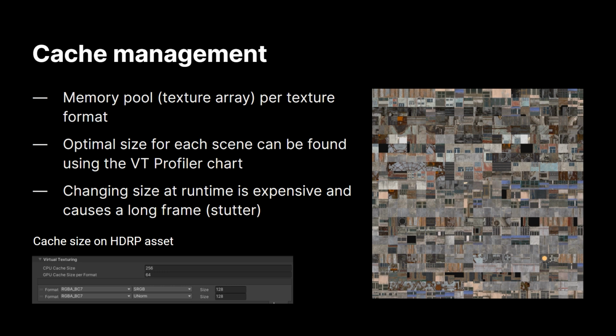This doesn't mean that that cache will be created per se. It will be created once a material uses a texture with that format, obviously a streaming VT material. And it's not always easy to determine the optimal size. So optimal is the smallest size where everything is still at the highest possible quality.